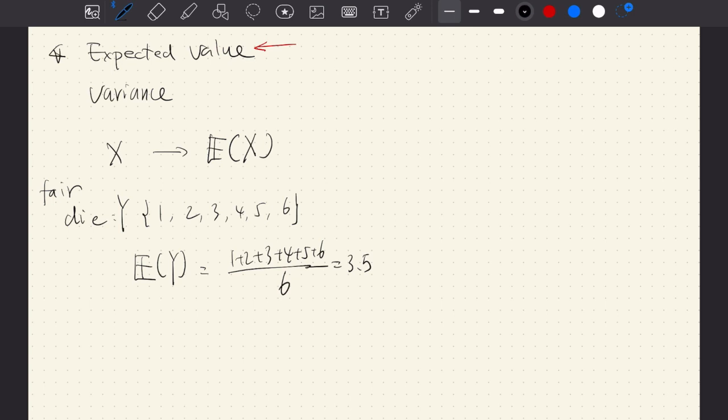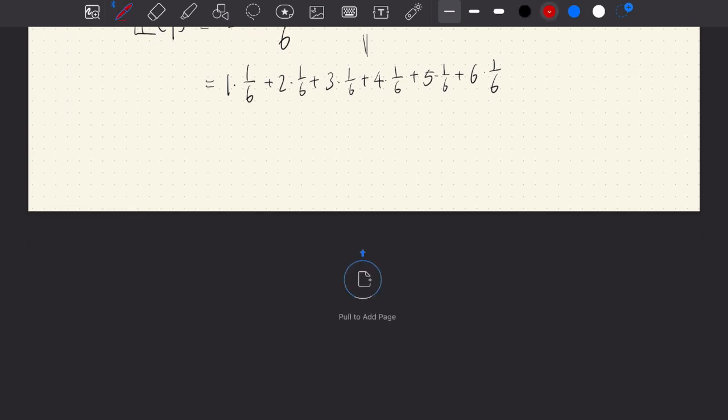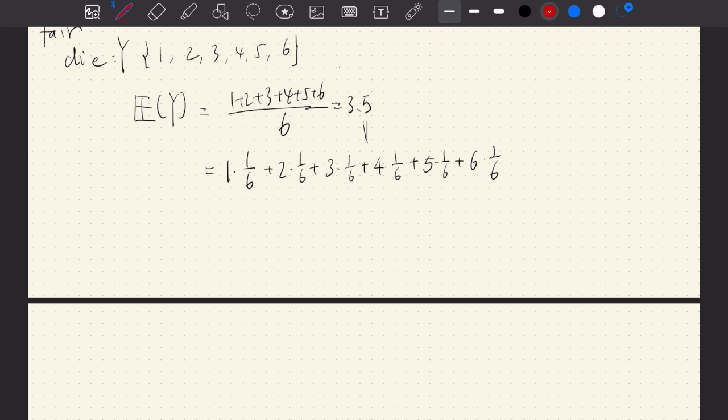So this is one way you can think of when we're trying to find the expected value of y. But you can also write this in another way, right? You can write this as 1 times 1/6 plus 2 times 1/6 plus 3 times 1/6 plus 4 times 1/6 plus 5 times 1/6 plus 6 times 1/6. So the expression above and below is actually the same. They all evaluate to 3.5. But for the expression below, we're multiplying the outcome by its probability, right?